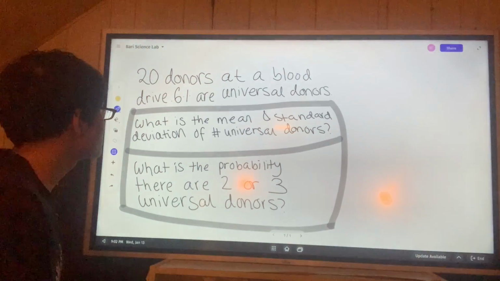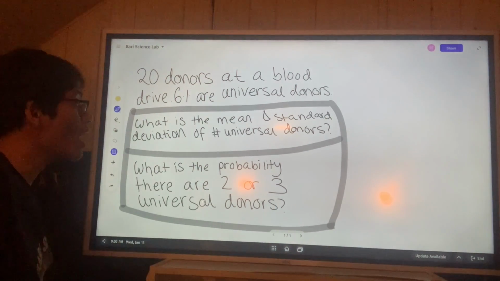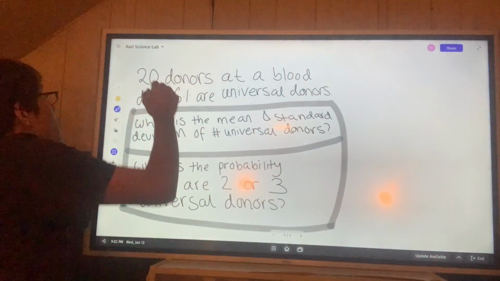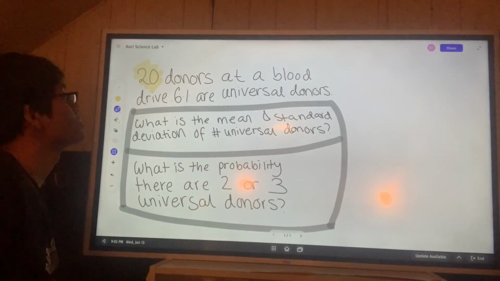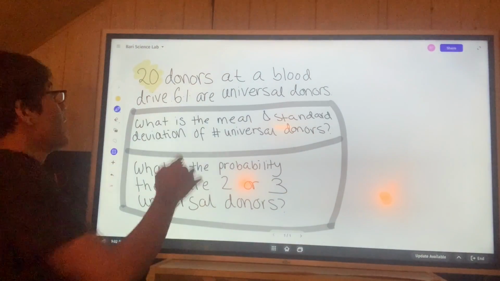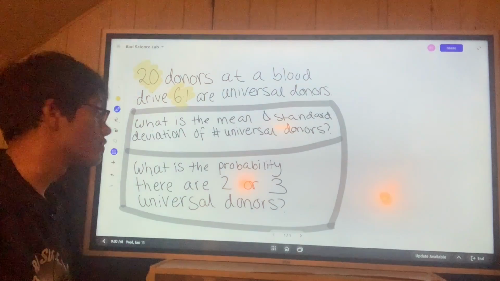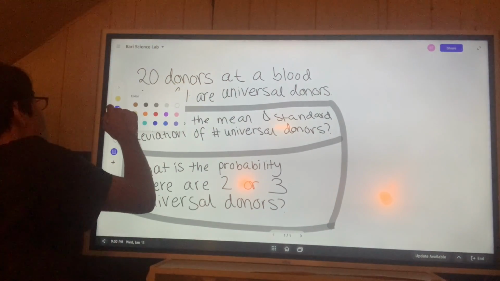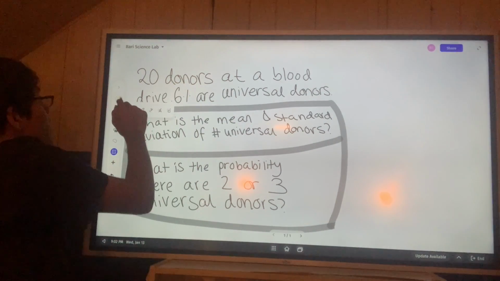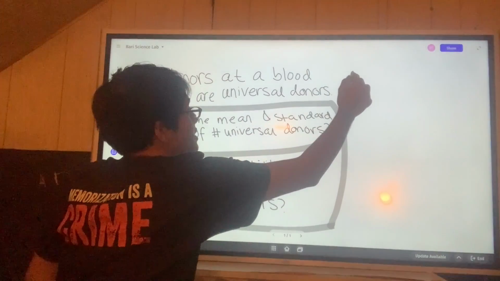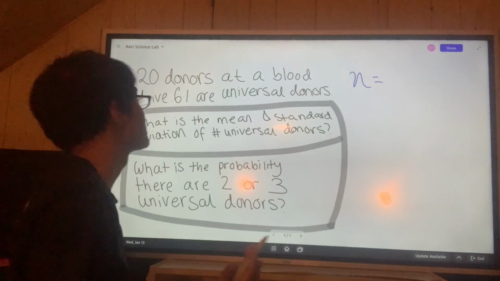All right, so how do we get started with that? Well, first, to answer these questions, you're going to see what you're given. What I'm given here is the number of donors at the actual blood drive and the percentage of them that are universal donors. So that tells me two key things. Number one, it tells me the number of people I'm concerned with, which can be thought of as my sample size, if you will.